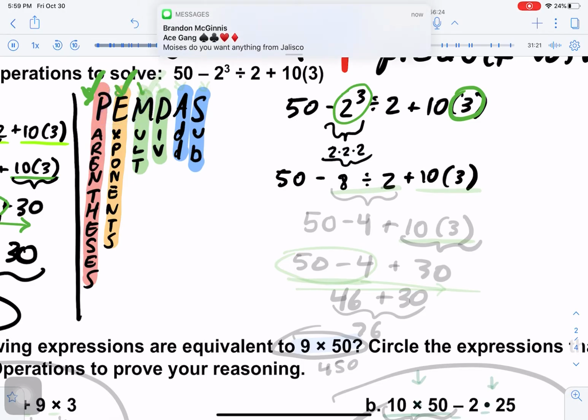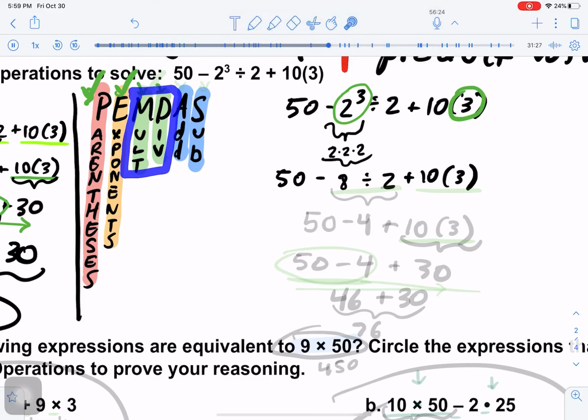I'll move along into the multiplication and division. Any of these two will be done from left to right. I see that I have division. I also see that I have multiplication. Because division comes first from left to right, I'm going to solve for this first. 8 divided by 2 is 4. I'll rewrite the rest of this equation.